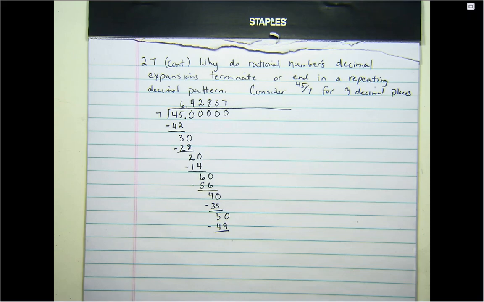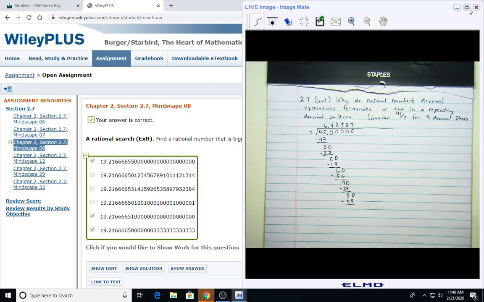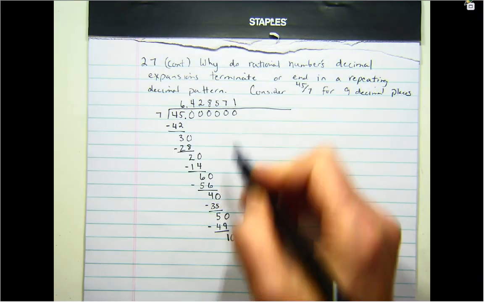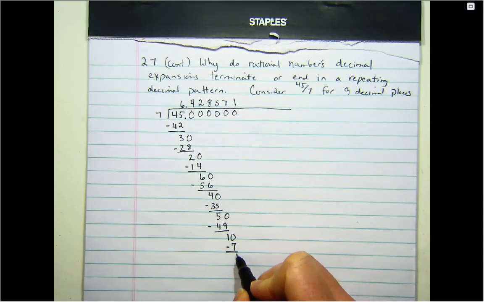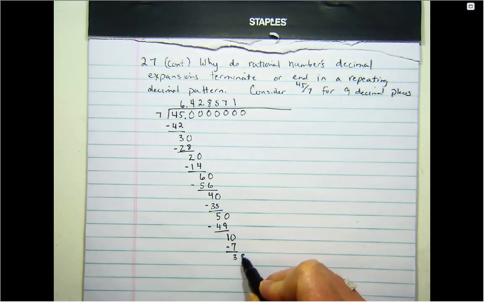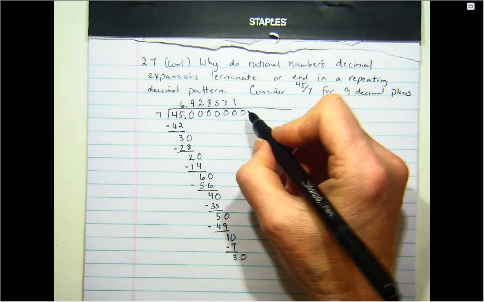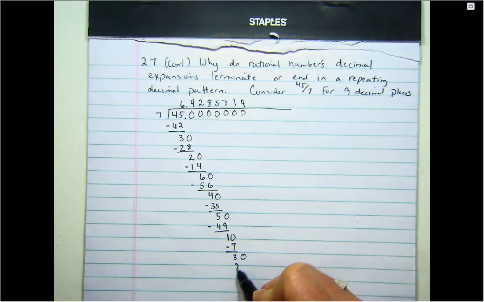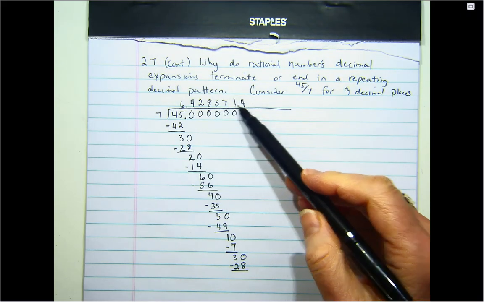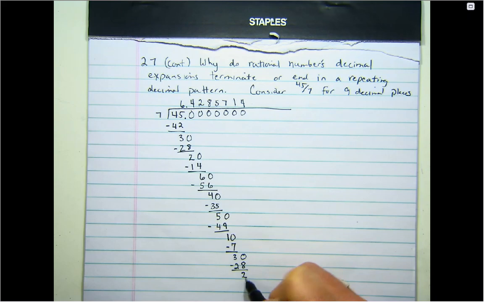7 goes into 10 one time. Oops, the computer froze here. 1 times 7 is 7, and we'll subtract. 10 minus 7 is 3. So bring down a 0. 7 goes into 30 4 times. 4 times 7 is 28. We must be getting pretty close here, right? 1, 2, 3, 4, 5, 6, 7. A couple more times here. 30 minus 28 is 2.